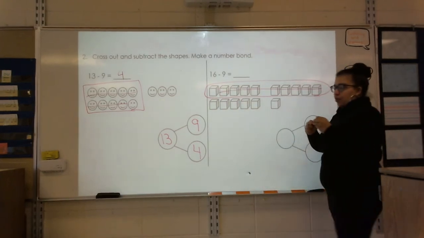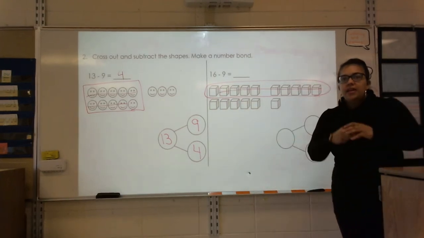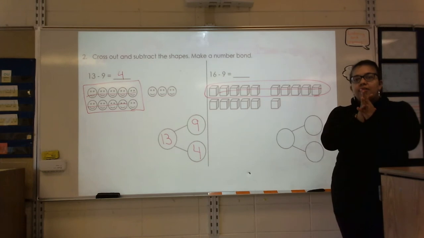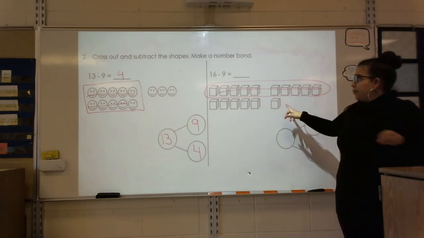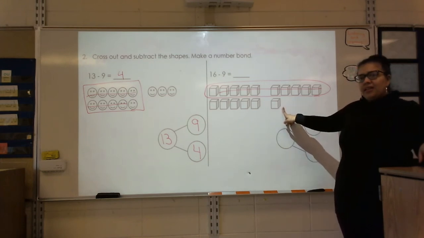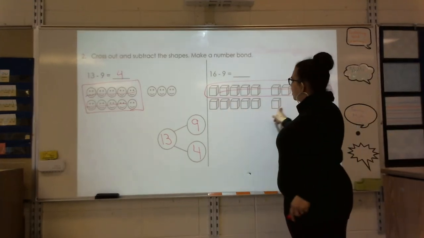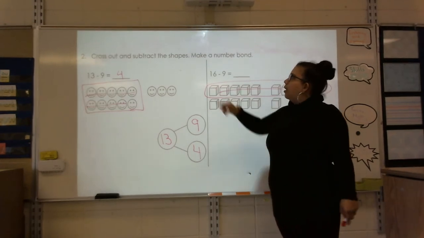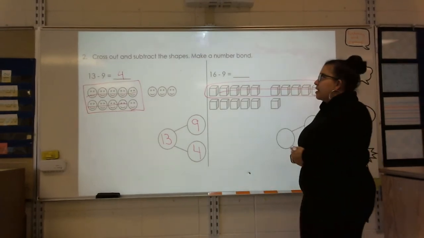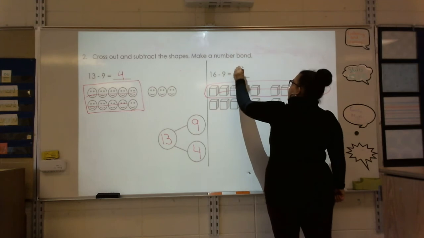I now have to put the rest of the pieces back together to find my answer. There were how many left outside the box? How many ones? 6. How many are left in the box? 1. So 6 and 1 is 7.